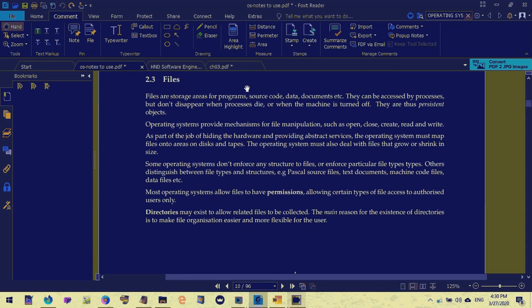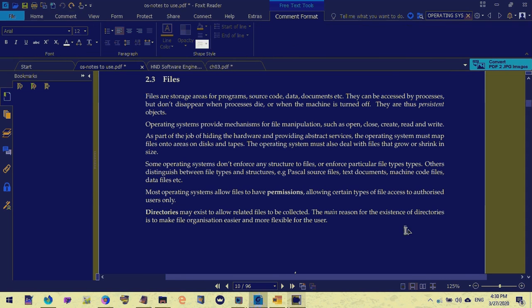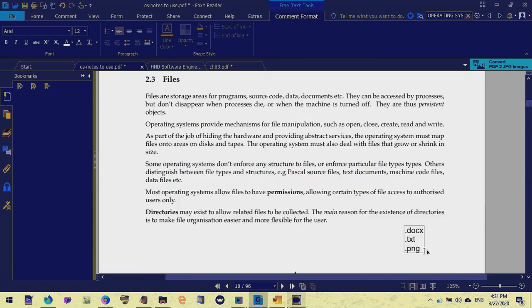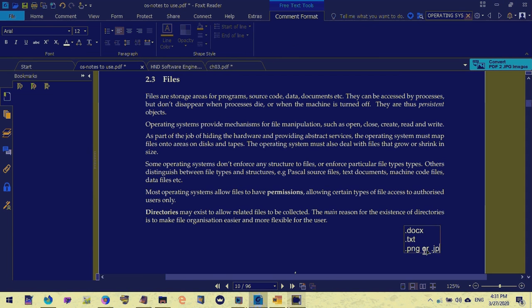We shall move on to the next system resource, which is files. Files are storage for programs, source code, data and documents.